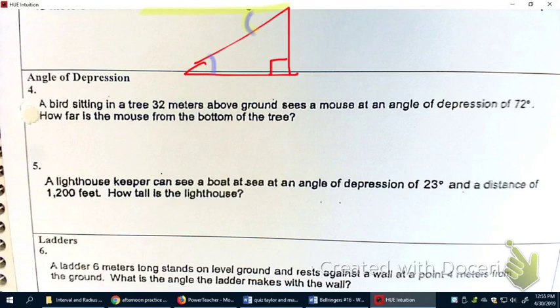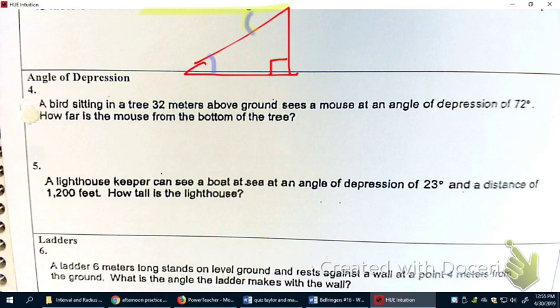But it's the same as the angle of elevation, so we're going to draw the picture exactly the same way that we've been drawing it. Okay? And I know that's confusing because it seems like it should be different. But we're going to use the same information and just draw it the same way. And in these two questions, we're going to look at it in the same way.